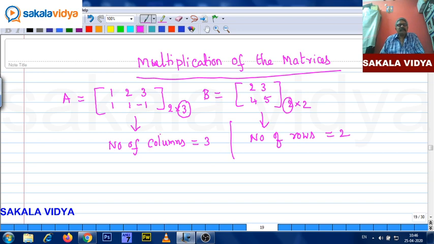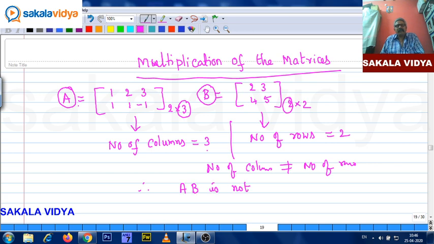You check it, the number of columns of A is not equal to the number of rows of B. So the multiplication of these two matrices, A into B, that is AB, is not defined.